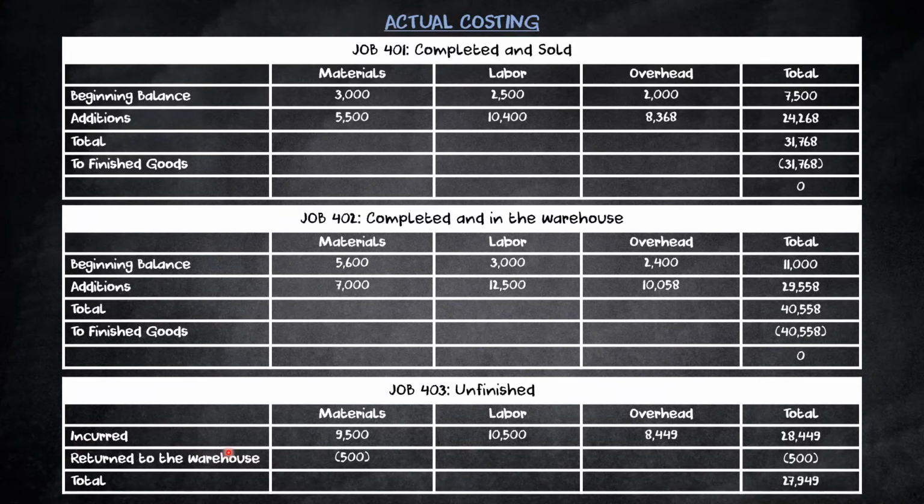Kaya ito yung mga na-incur niya for this month of February. And then, ni-record din natin yung sinauling material. Ito, yung 500 kanina na sinauling material from the production. Having us a total of 27,949.